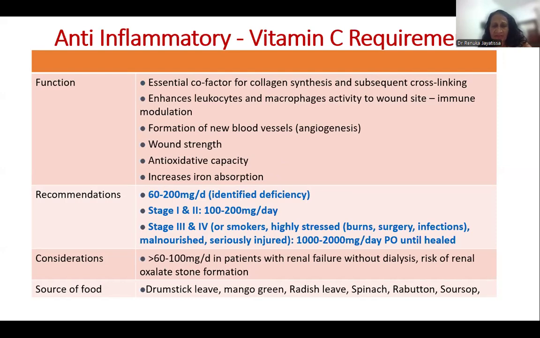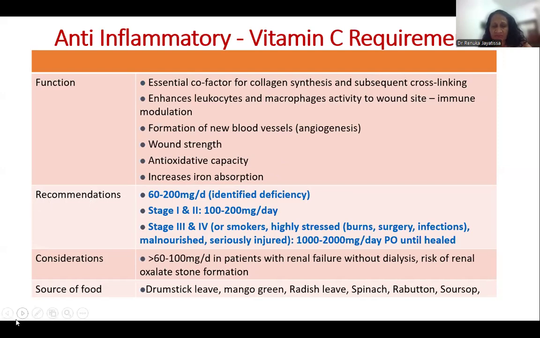So this is the recommendation. The considerations are people with renal failure without dialysis and the risk of renal oxalate stone formation.